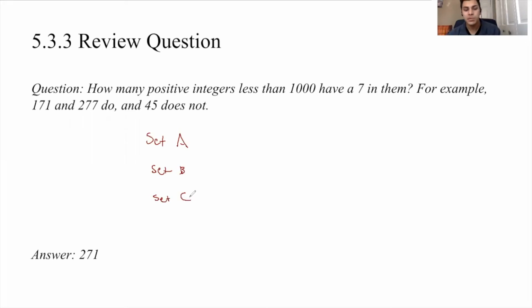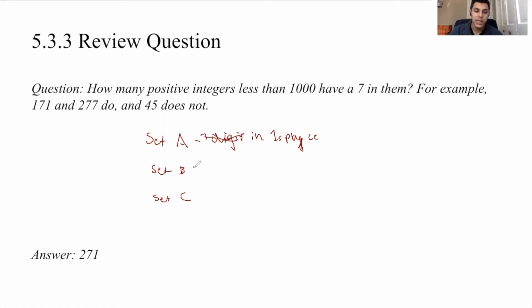So the sets that we can break them up into is, since we're talking about at a max 3-digit numbers here, because if it's less than 1,000, the biggest number we're talking about has 3 digits. We can call set A all the numbers that have a 7 in the ones place.